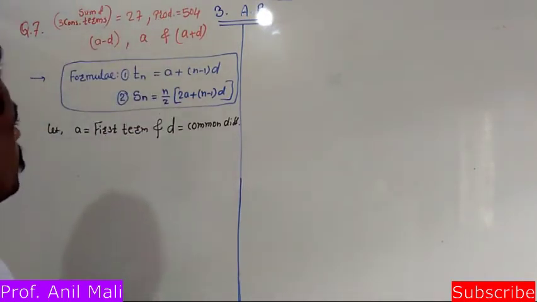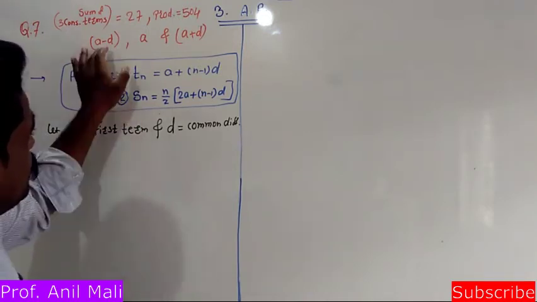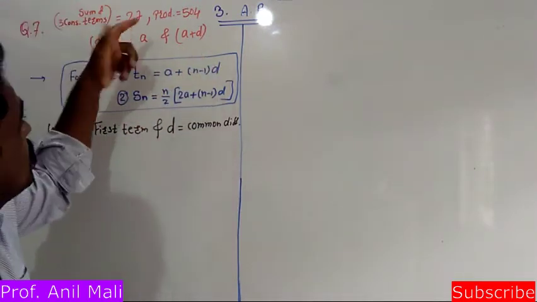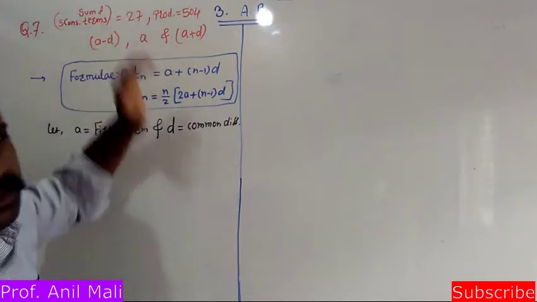So A minus D, A and A plus D are 3 consecutive terms in an arithmetic progression, and their sum is 27 and their product is 504.